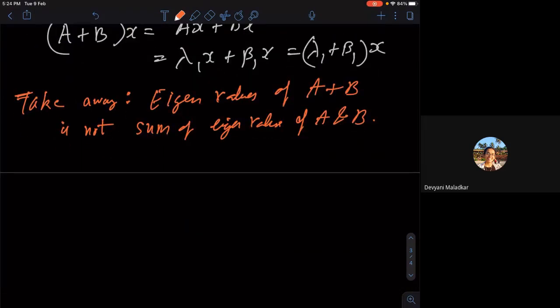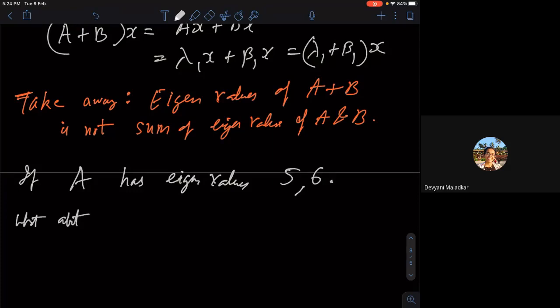But what about this? If A has eigenvalues 5 and 6, it's an example. I'm writing: A has eigenvalues 5 and 6. What about B, which is equal to A plus I?